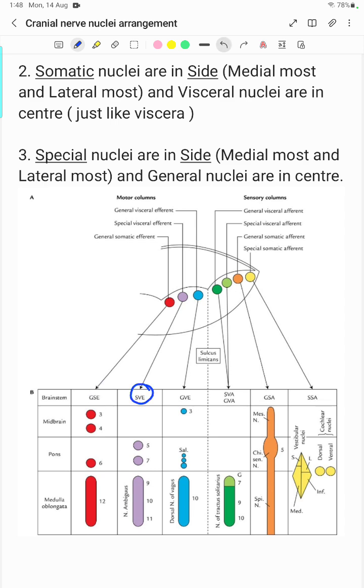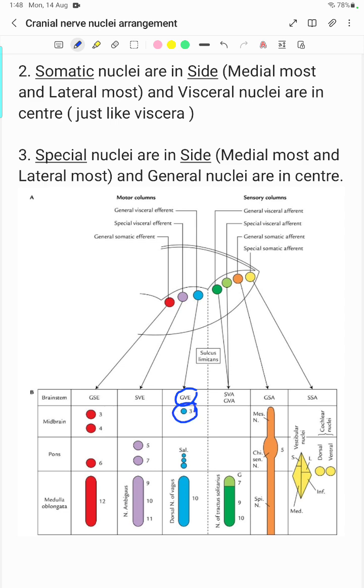Okay, now let's dive into the third column, which is general visceral efferent. Efferent means something which is supplying or motor, visceral means supplying the inner organs in our body, and general means that it is a parasympathetic supply of our body. So the general visceral efferent column is parasympathetic, supplying the third cranial nerve.